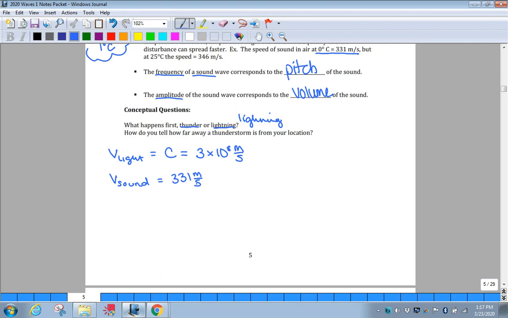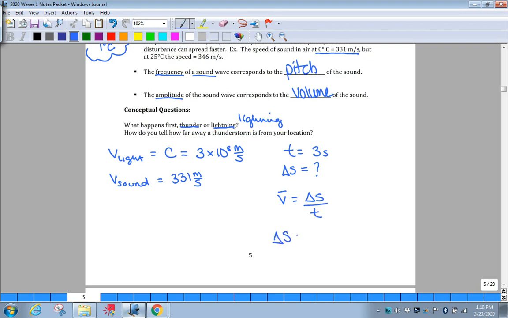If you've ever tried this when you were younger, or even today, you count between the lightning flash and the thunderclap. You go 1 Mississippi, 2 Mississippi. Let's say there are 3 seconds between the lightning and the thunder, and you want to know how far away the storm is. We could use our old average speed formula: average speed is distance over time.